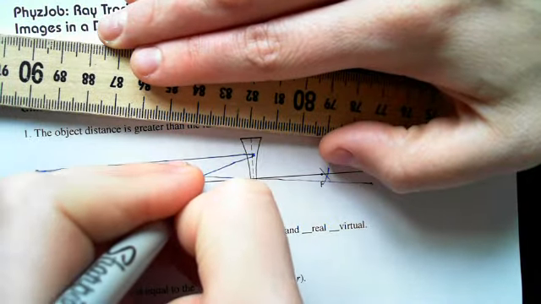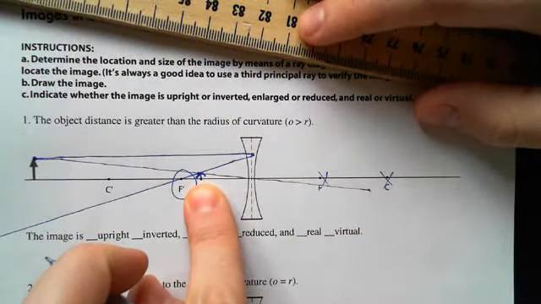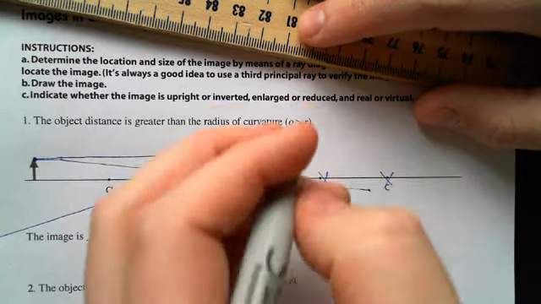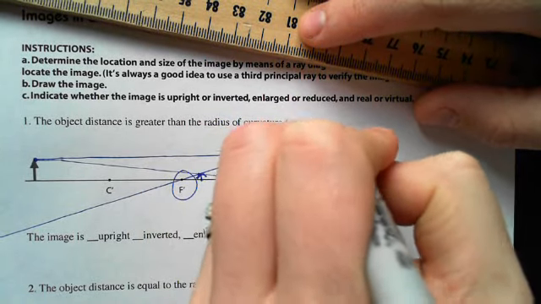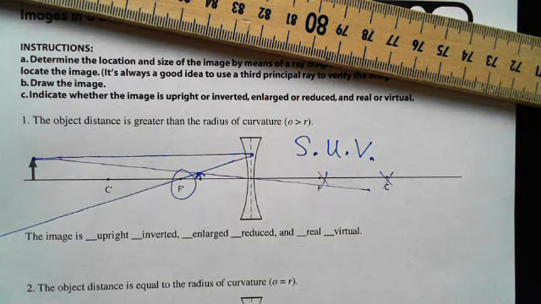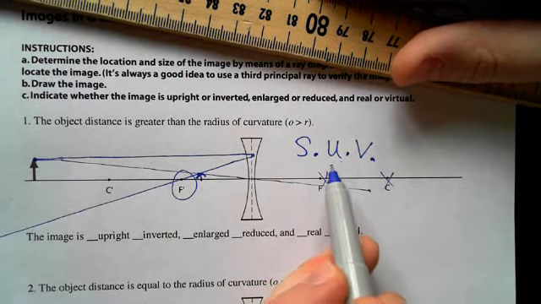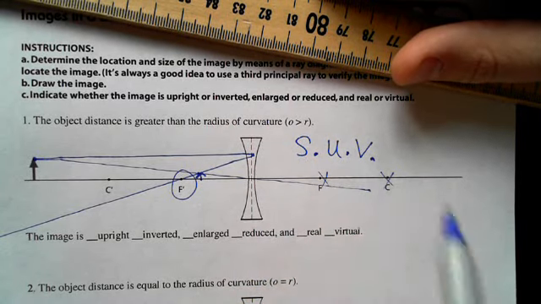So the point at which those lines converge is right here. See how tiny that little image is? That's your image right there. And SUV is going to be the way that you remember that. So, SIR, LIR, love, and SUV. Smaller, upright, and virtual.